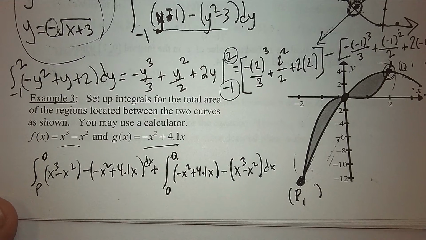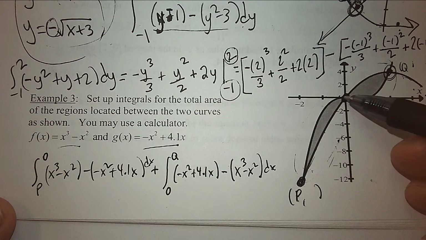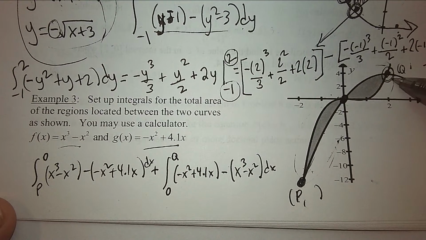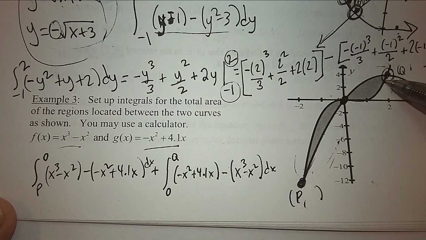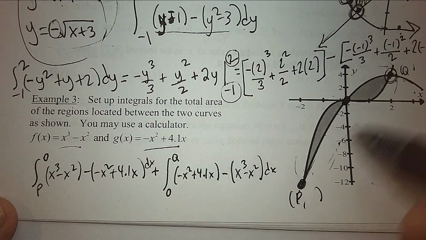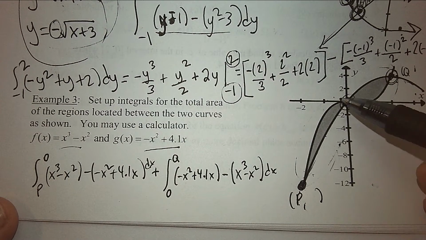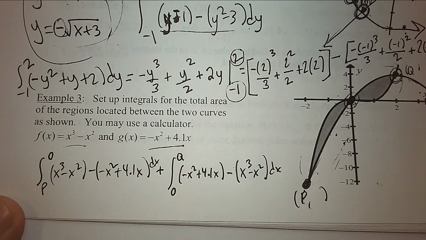And we have to have two because in one bound we have an upper and lower, but then when we go to the next one, it changes which one's on top and which one's underneath. That means that we need to understand all these points, the ends, as well as the point where it changes, where which one is on top and which one's on the bottom. All right, let's type this in our calculator.